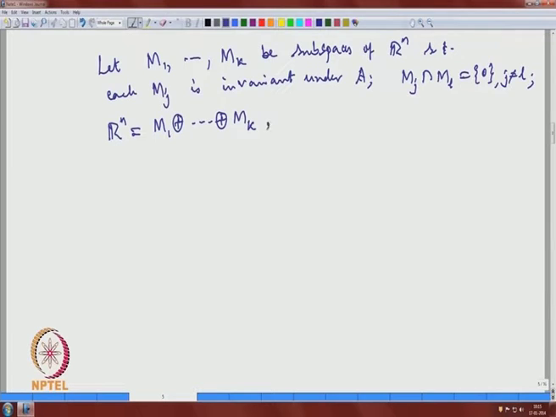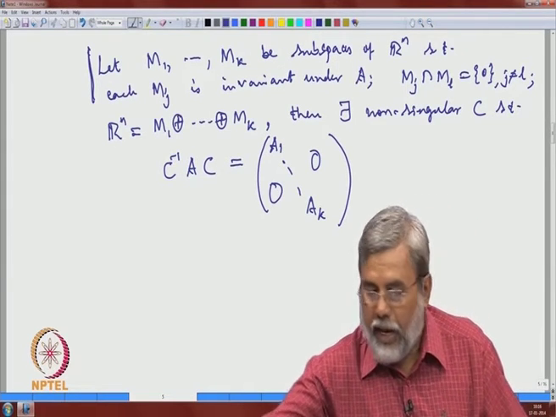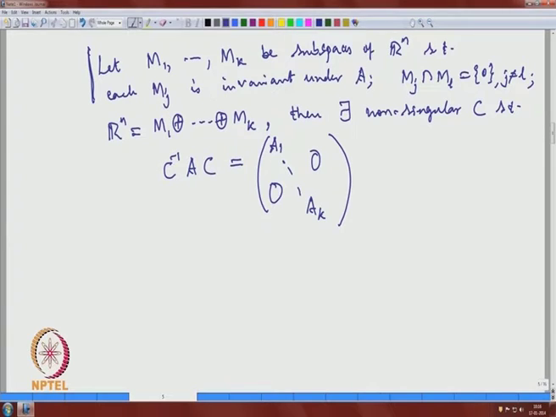With these conditions, there exists a non-singular C such that C inverse A C is block diagonal with A 1 up to A k. So, in other words, in such a situation we can find a similar matrix which is a block diagonal matrix.